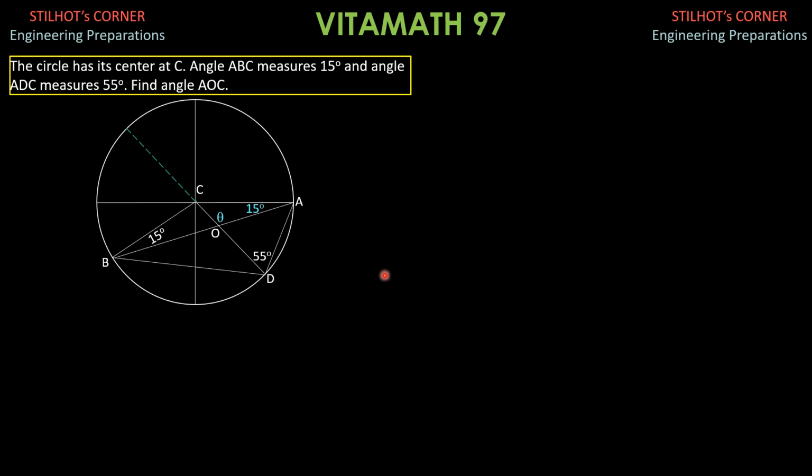So if that is 15 degrees, we also note that in triangle ACD, which is also an isosceles triangle, AC is the radius, CD is another radius. If the measure of this angle here is 55 degrees, which is opposite to the radius, the measure of this angle here, which is opposite to radius CD, is also equal to 55 degrees as shown in the figure.